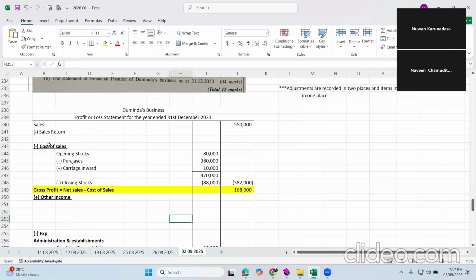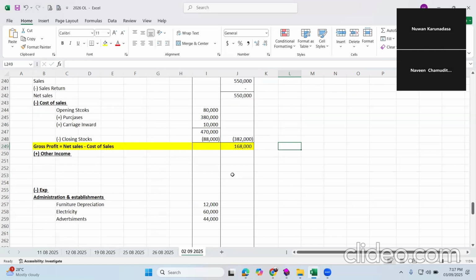How do you calculate the net sales? Sales minus sales return is the net sales. Here we don't have sales return, so the net sales also is 550,000. Then gross profit is done. We don't have other income.